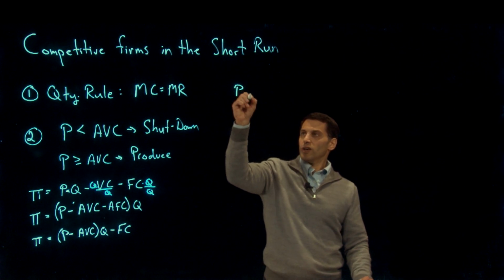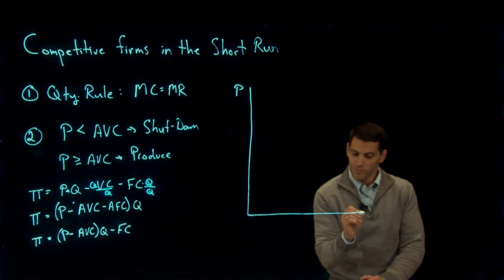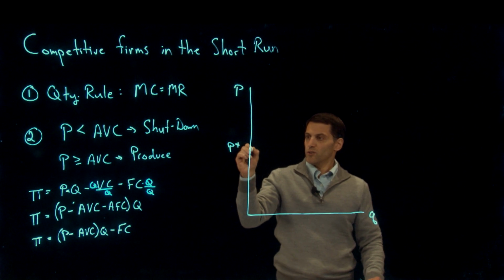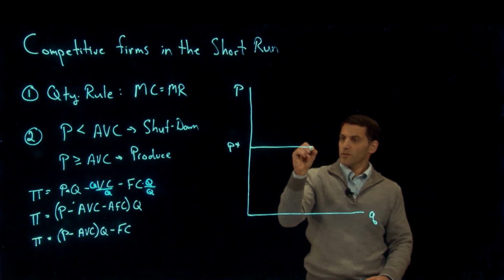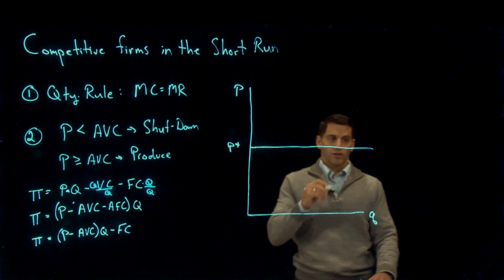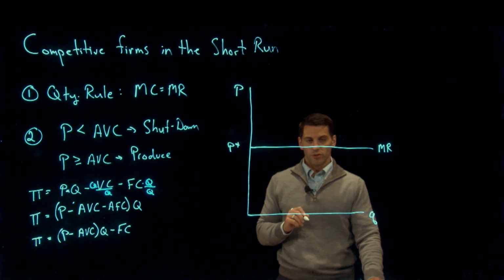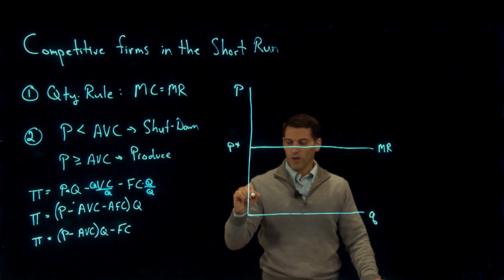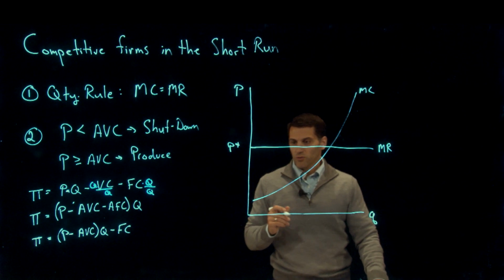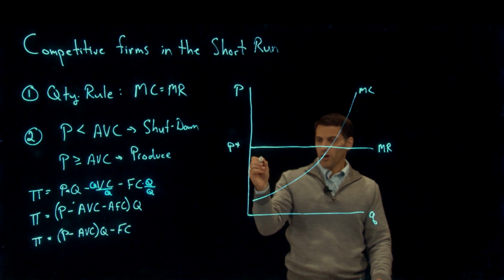So here we're looking at an individual firm in our competitive market. We have some market price that is determined by our equilibrium from the intersection of the market supply and demand. And remember that in a competitive firm, this is also our marginal revenue. We've got our marginal cost curve. And here let's also add in our average variable cost.